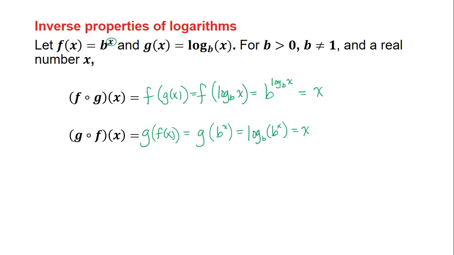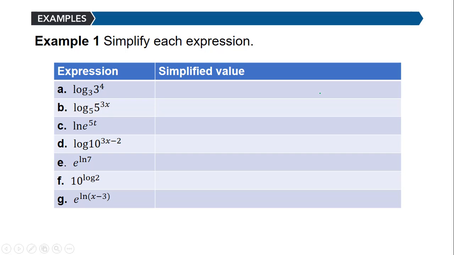So when the base of the argument and the base of the log are the same, we get just the exponent, x. And when the base of the exponential expression and the base of the logarithmic expression are the same, we get x. So let's just apply these properties to simplify some expressions.